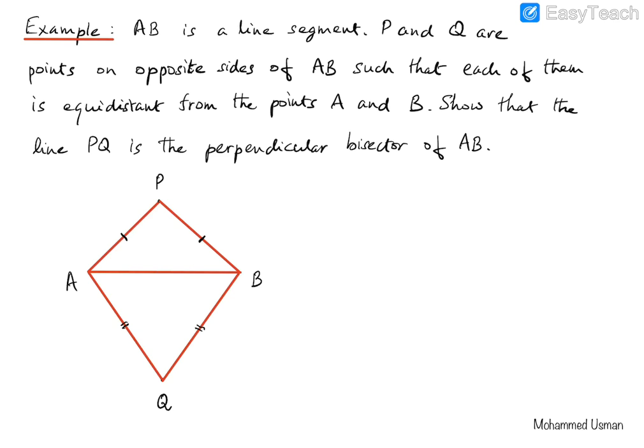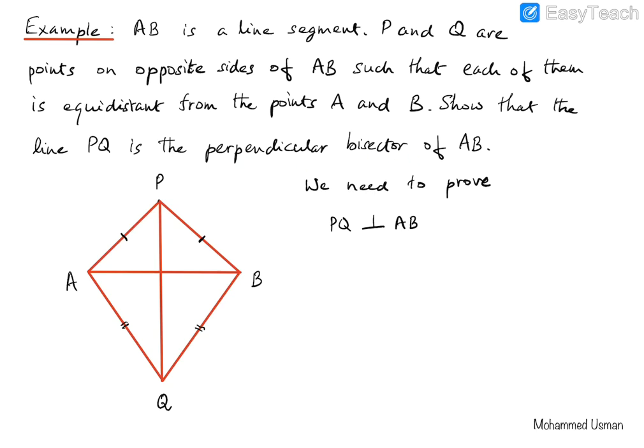So the line PQ, which is joining P and Q, we are asked to show that this is the perpendicular bisector of AB. So we need to prove that PQ is perpendicular to AB. That's the first thing. It's perpendicular. And then it says bisector of AB.